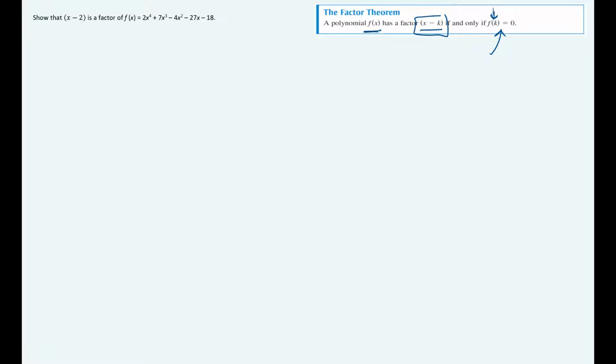So if I want to show x minus 2 is a factor of that long polynomial, I will have to use synthetic division and hope that it returns a 0. I will list out my coefficients: 2, 7, negative 4, negative 27, negative 18.